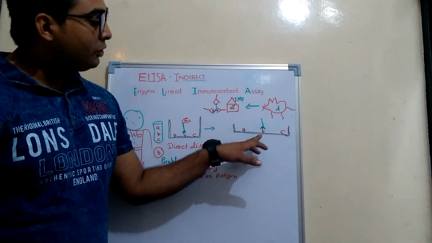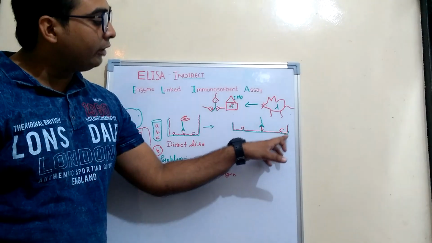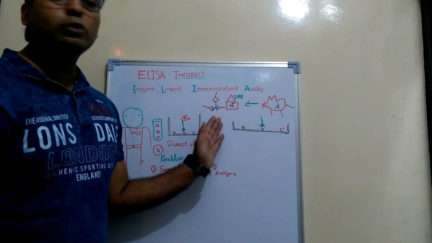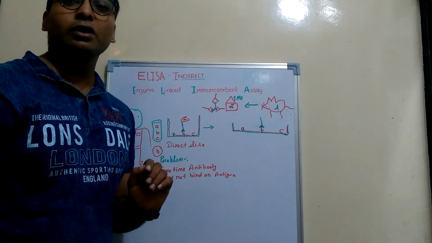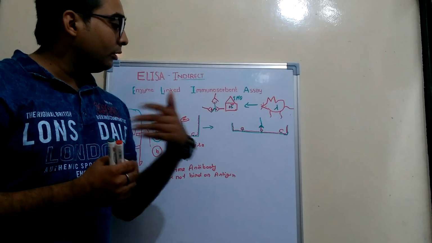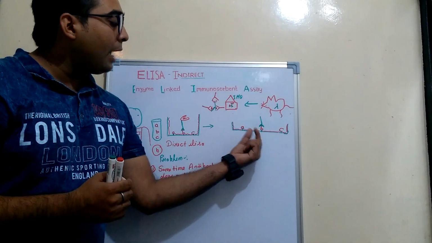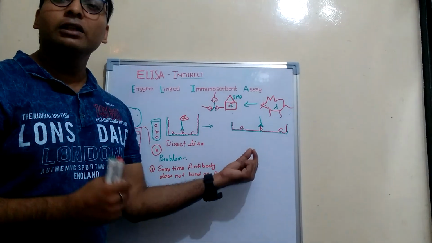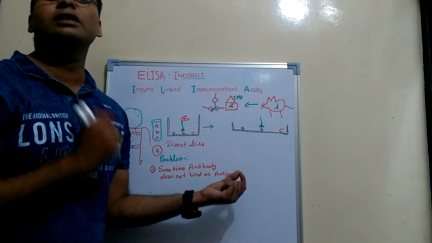Now, I have taken the blocking reagent here. Now I'm going to use a primary antibody, because I have a task: I have to detect whether the B antigen is present or not in the sample.